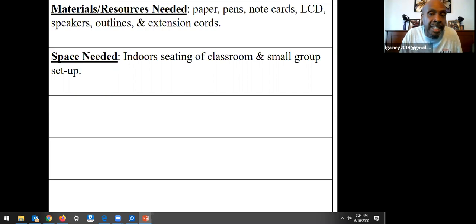Well, I don't need a lot of space here, but you may need to know how to set up small groups using Zoom. Jacob did go over that in terms of the breakout groups. If we ever need to go over that again, we certainly can, and I can show you how to do that. But that is basically your lesson plan.